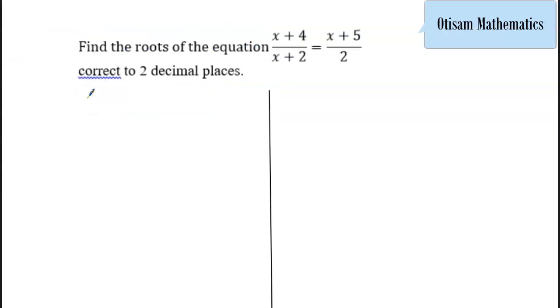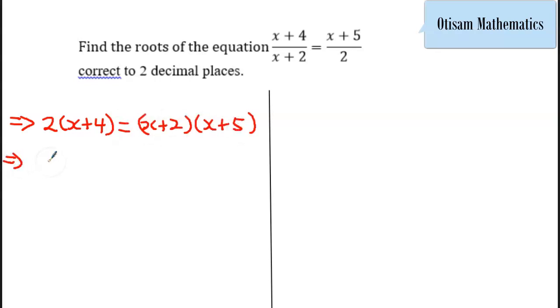The first example is: find the roots of the equation (x plus 4) on (x plus 2) is equal to (x plus 5) on 2. So what we can do is to cross multiply. So this implies that 2 times (x plus 4) is equal to (x plus 2) and then (x plus 5).